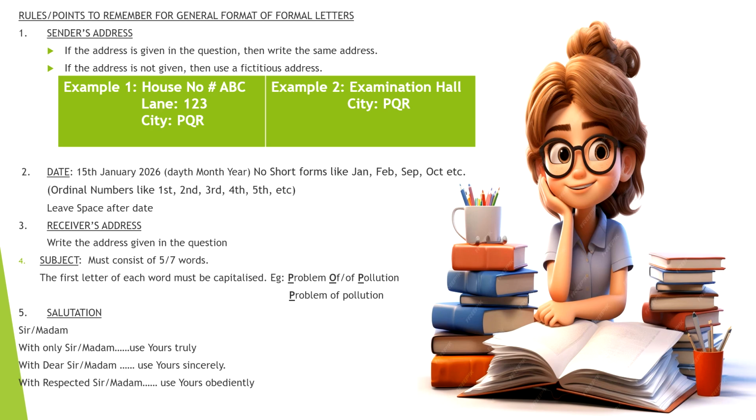So my subject is problem of pollution. One way is I write P of problem capital, O of of capital, and P of pollution capital. Or I can only write P of problem capital, and the rest in running hand, and pollution also in running hand. These are two ways of writing. When we come down to salutation, that is sir, madam, we write.